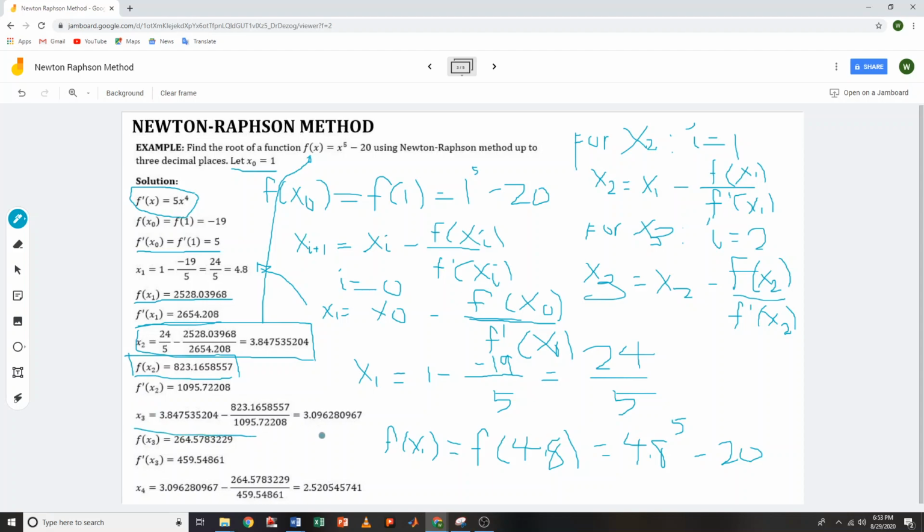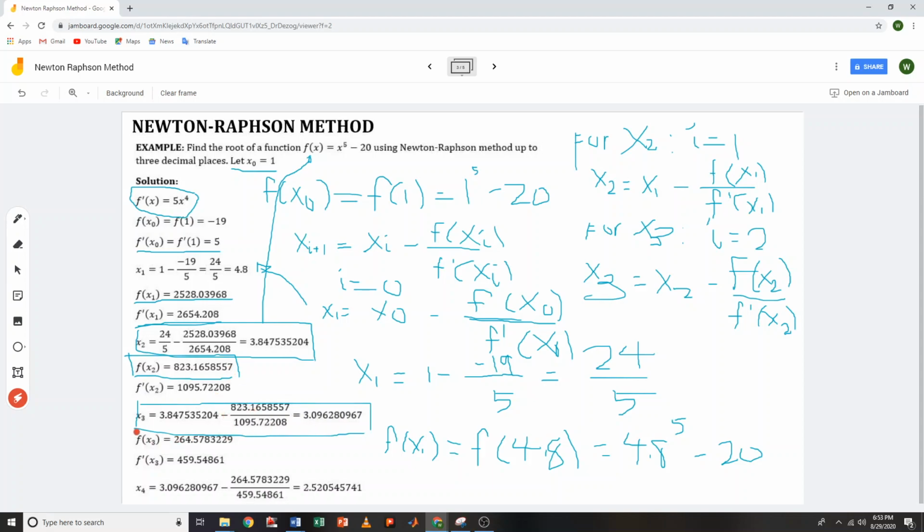Okay, this one, x3. So again, we have manipulated the value by substituting x2, particularly in this equation here, so we can get the value of x3 by substituting x2 here, and then f of x2 here, then also f prime of x2 here.